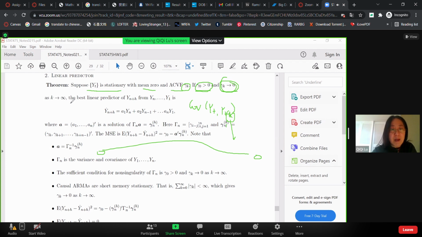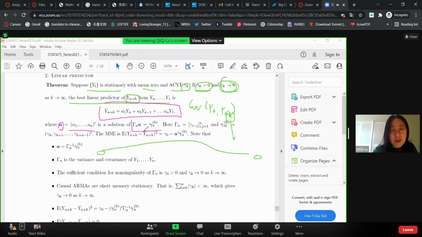And then the best linear predictor for y_{n+h} from the data y_1 to y_n is this formula, the linear predictor, and then a vector of coefficients.